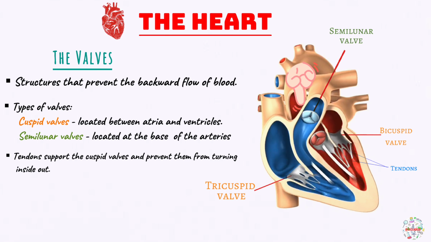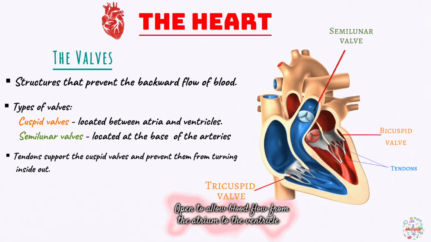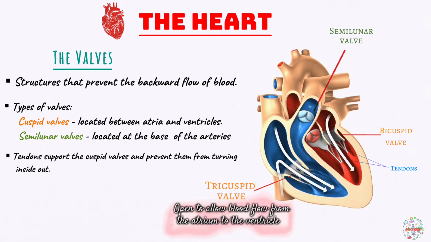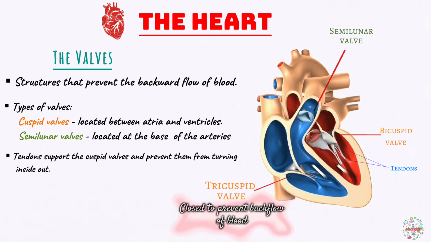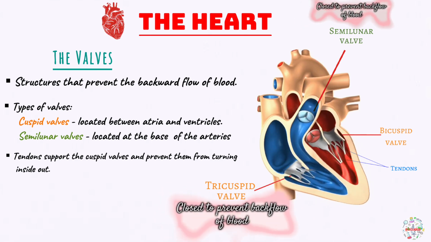So when they close up, essentially, they ensure that blood does not flow back from the arteries into the ventricles. So I repeat, we have the cuspid valves and we have the semilunar valves. Cuspid valves prevent the backflow of blood into the auricles when the ventricles contract. Semilunar valves prevent the backflow of blood into the ventricles when the ventricles relax.